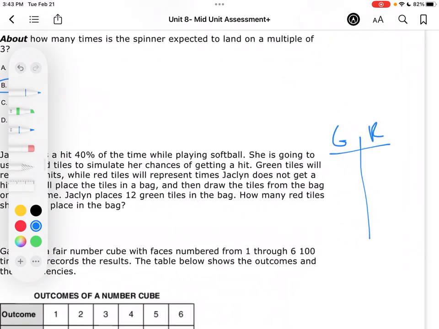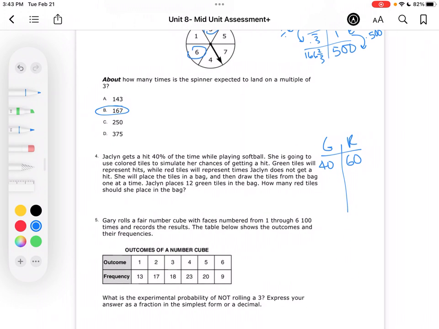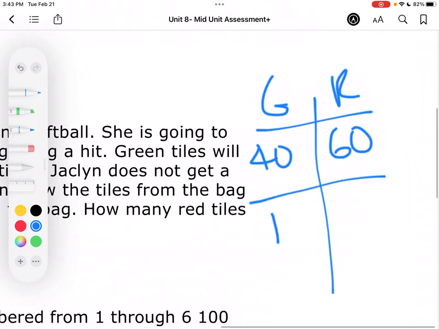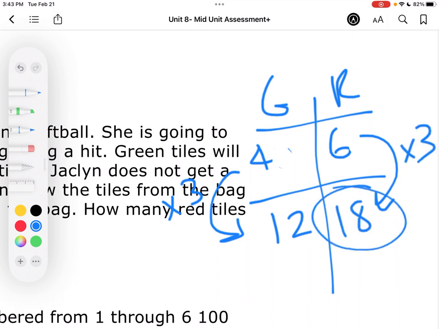I know that 40% of the time, and so that means 60% of the time she does not get a hit. If she's going to do 12 green tiles, that would mean she's multiplying by a factor of 3. So I would need 18 red tiles.